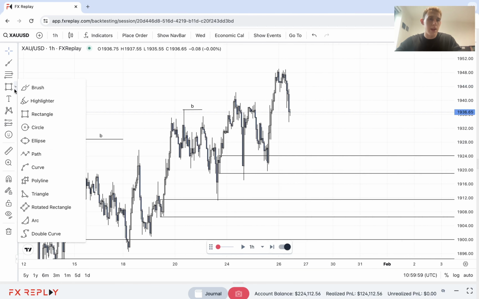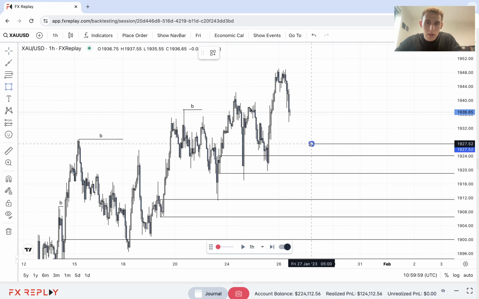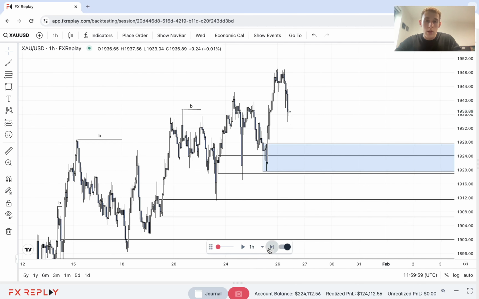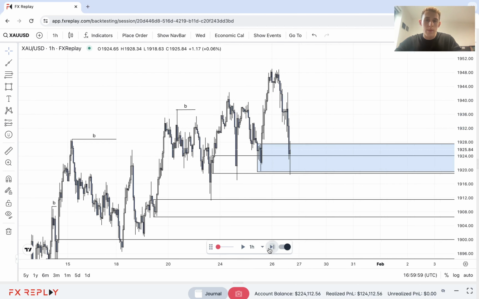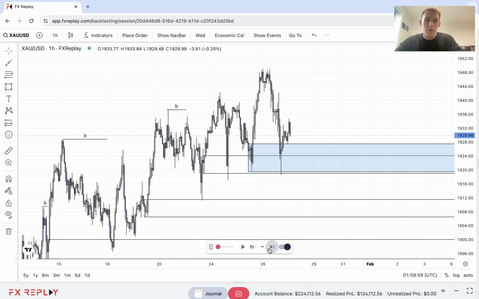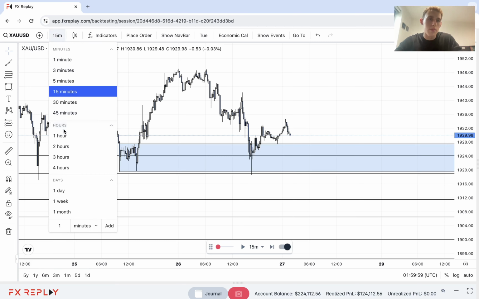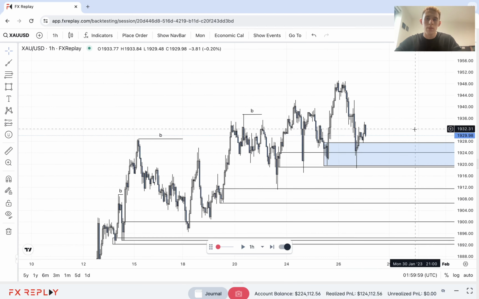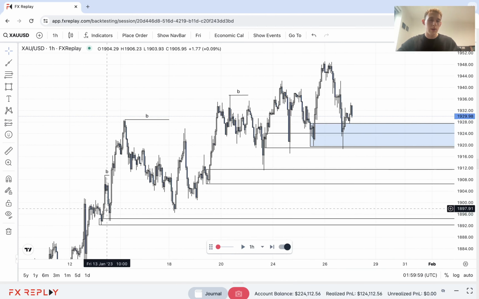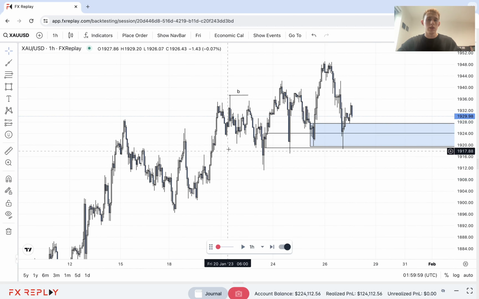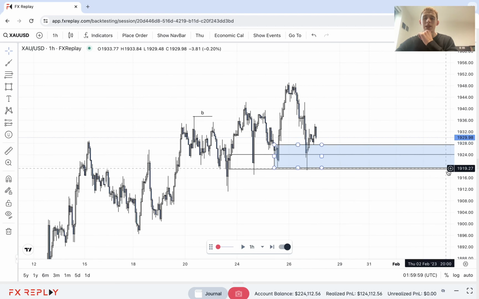The next demand I'd look at would be this one. Also just going to quickly get rid of some of these levels, just making it a bit messy.